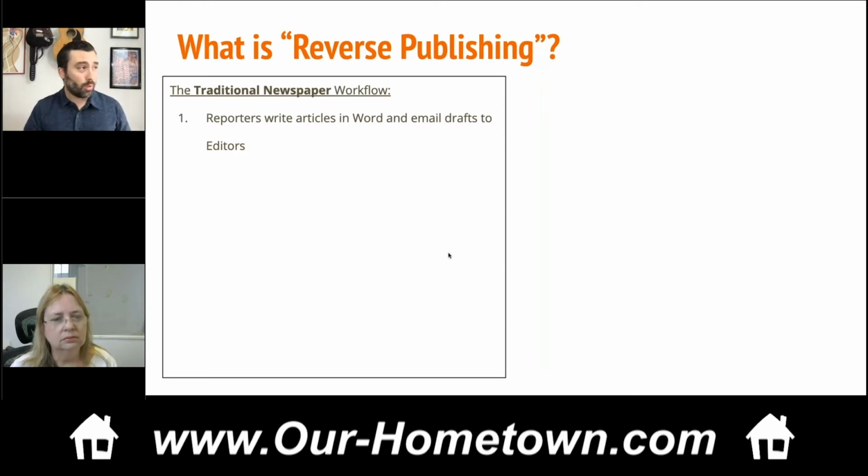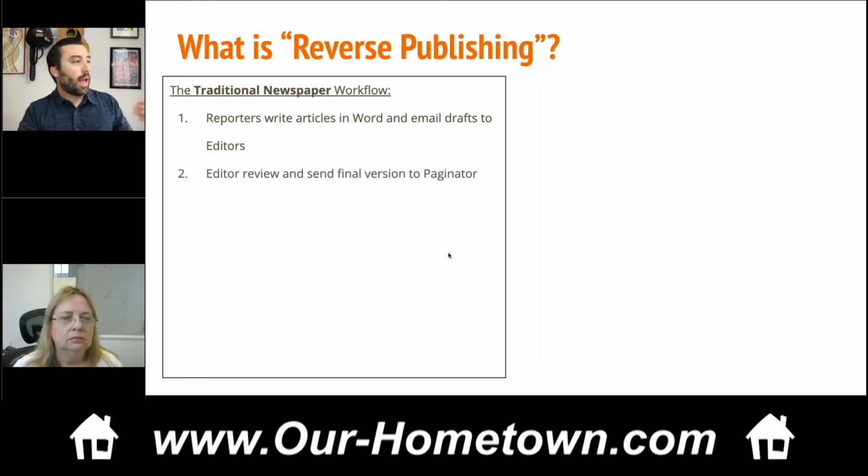So usually what a newspaper does, and they've been doing for decades, ever since the internet came around, was the reporters would write the articles in Word, and then they would email the drafts directly to the editor. Okay, then the editor would have to download those pages, make their changes, and save a final version, send that to the paginator.